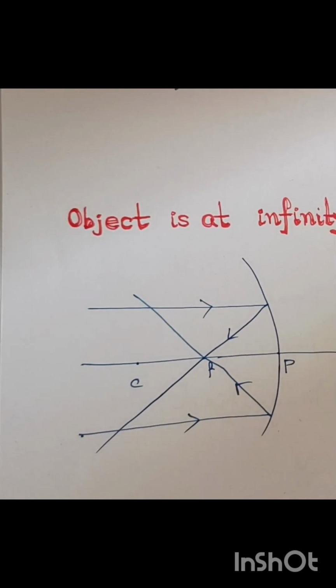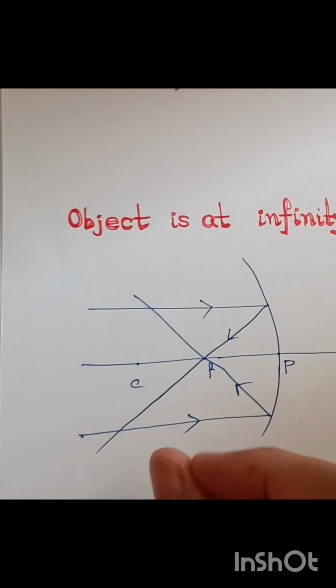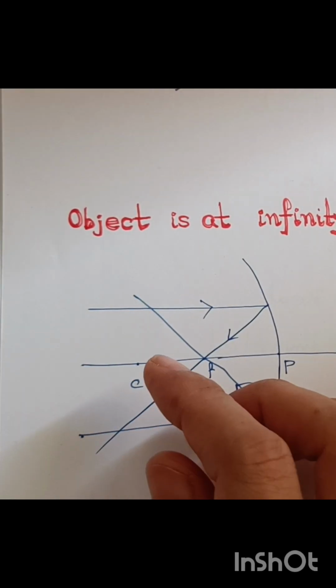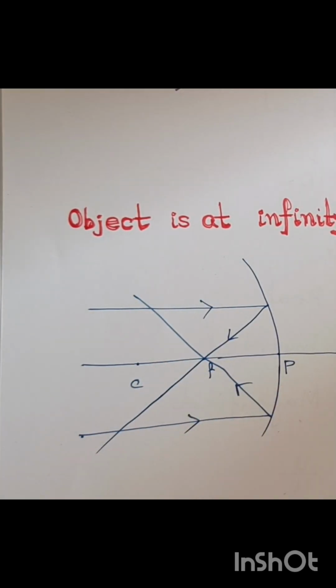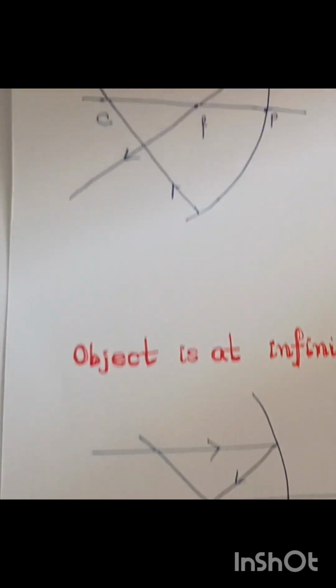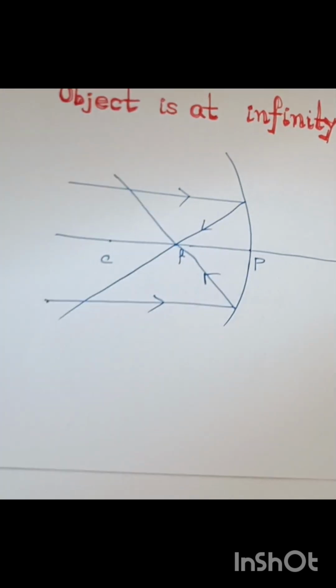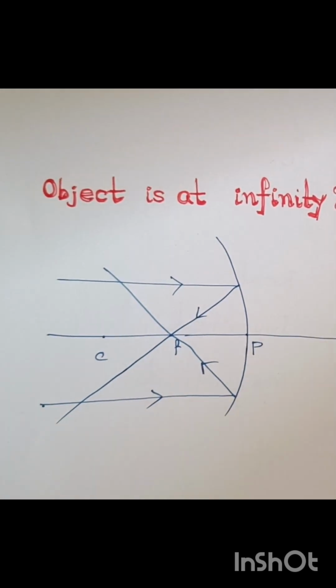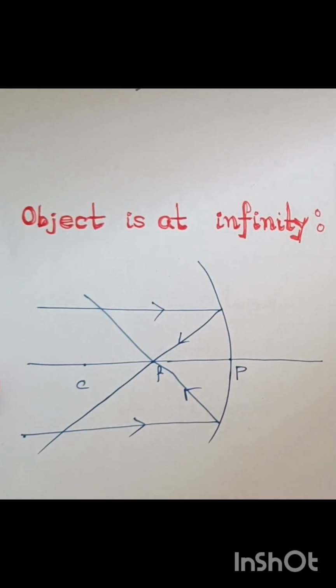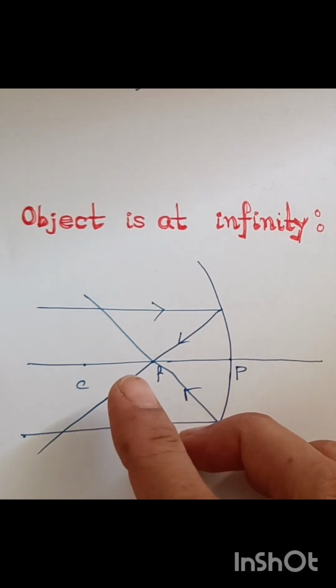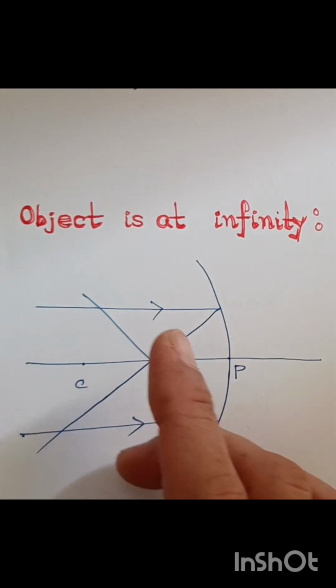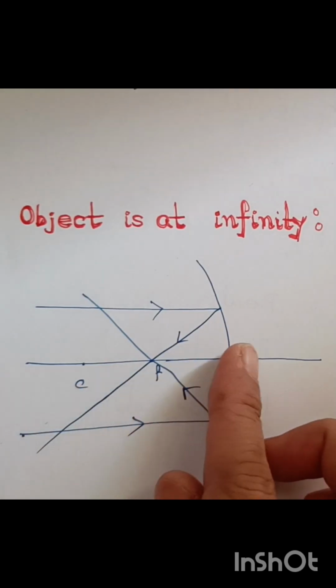The first case is when the object is at infinity. When the object is at infinity, the rays coming from the object are parallel to the principal axis. See here the parallel rays are coming and meeting at the focus point.